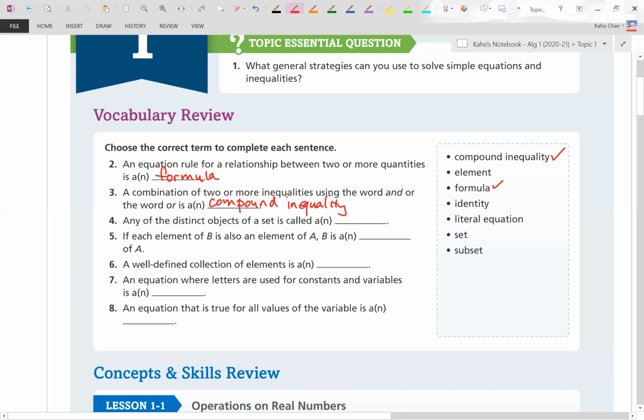The key, of course, is the words and and or. Great. Number 4, any of the distinct objects of a set is called an element.